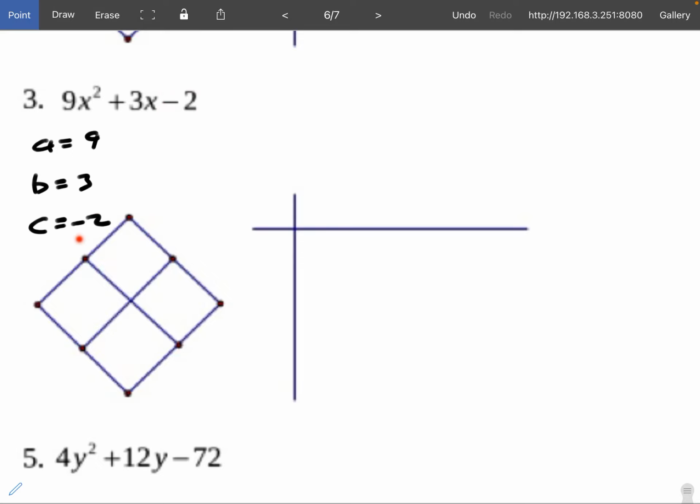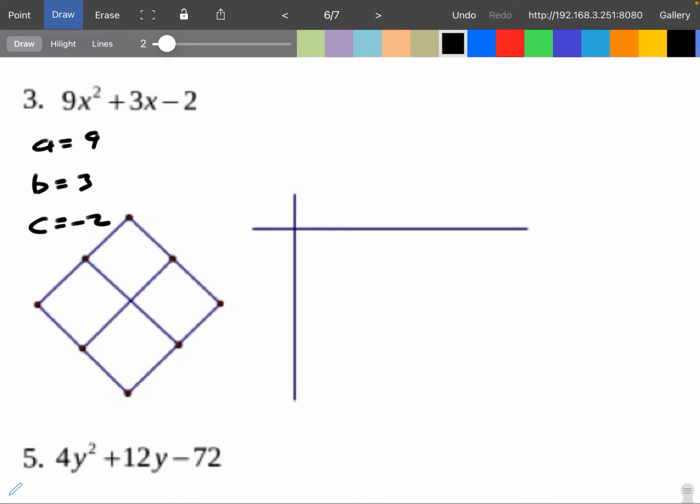That's probably the most common error when I've been going around helping people: they forget to write that this C right here is actually a -2. You got to have the negative on it, otherwise it's not going to work out right. Okay, so then we're going to do the same method. For 3 terms, we need 2 numbers that multiply to A times C, where the same 2 numbers add to B.